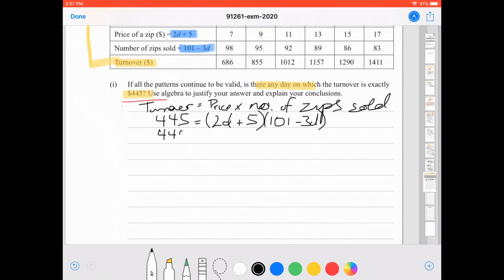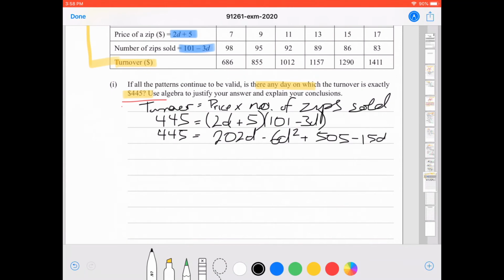We've got 445 equals, and what have we got here? 2 times 101 is 202D minus 6D squared plus 505 and minus 15D.